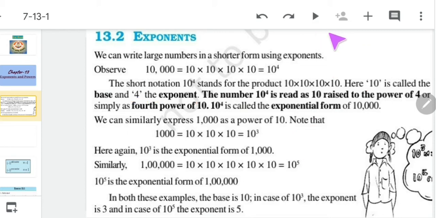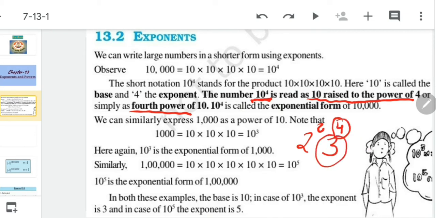Now the further thing is, the number 10 power 4 is read as 10 raised to power 4 or fourth power of 10. It is same as we can read 2 power 2 or 2 raised to power 2, or 3 power 4, that is 3 raised to power 4, or fourth power of 3.